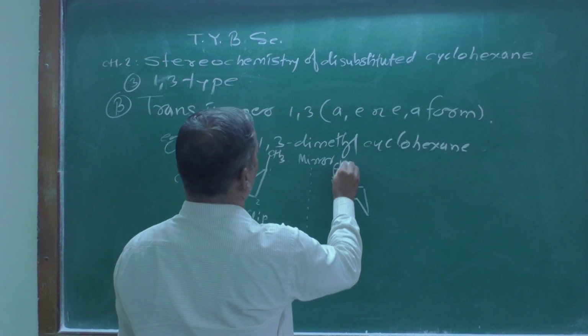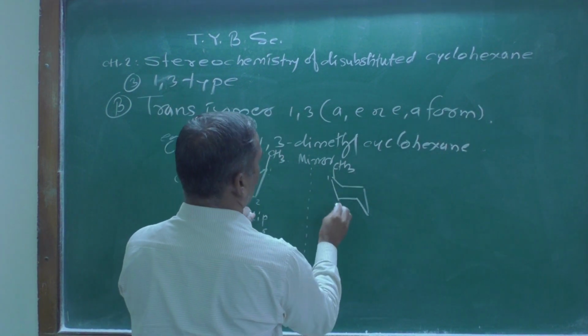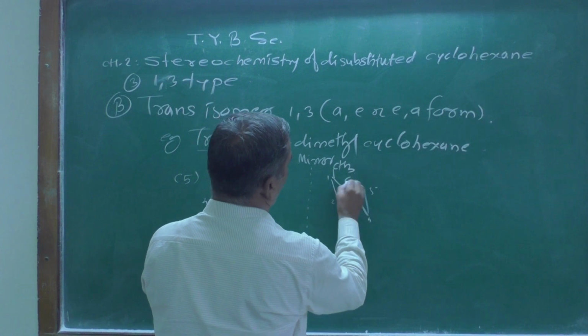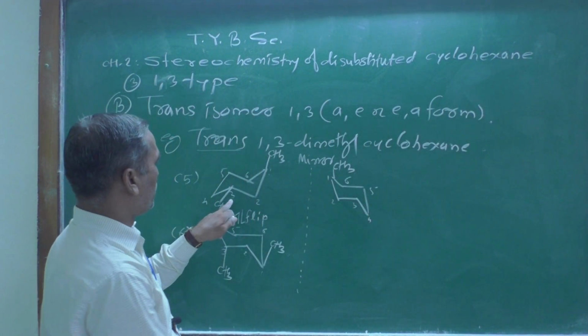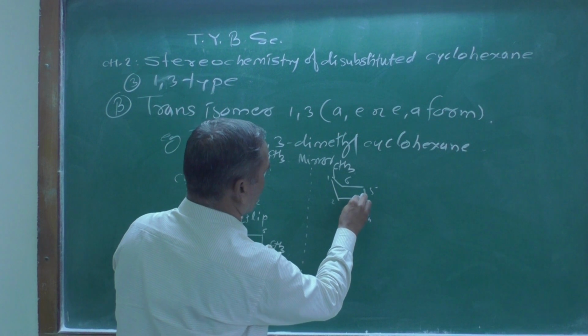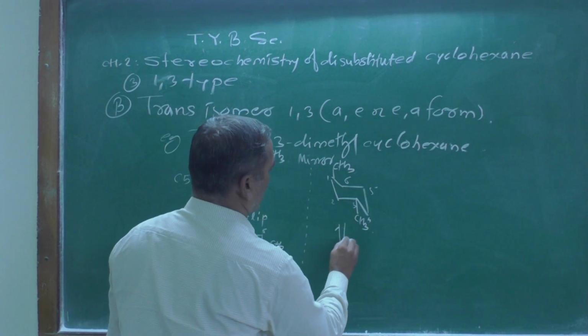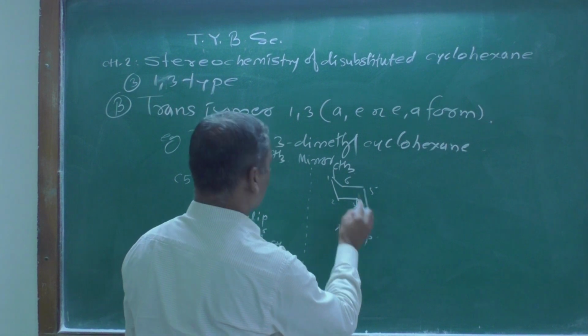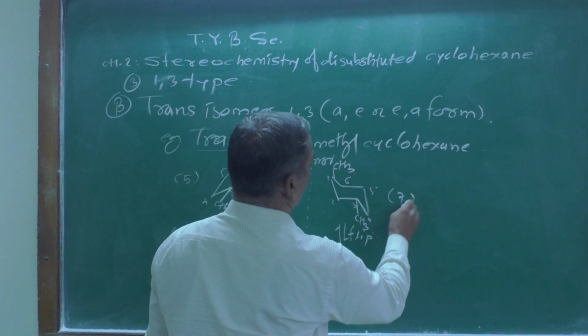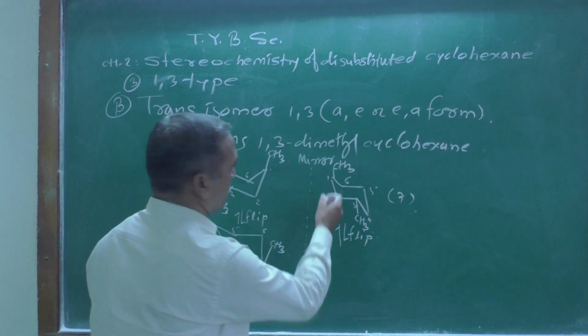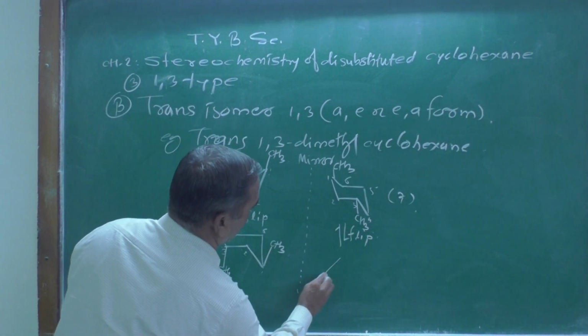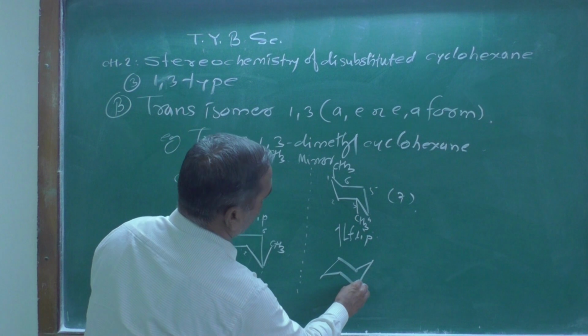Here is a methyl group at this 1, 2, 3, 4, 5 and 6. Look at the 3 position. The methyl group looks like this, CH3, and as we know there is a flipping process. This structure number is known as 7-1. After the flipping, what do you get? After the flipping, you are going to get the structure like this.